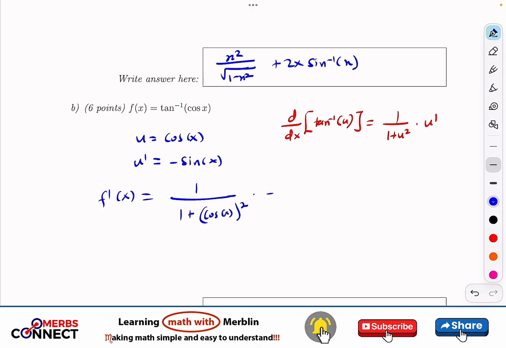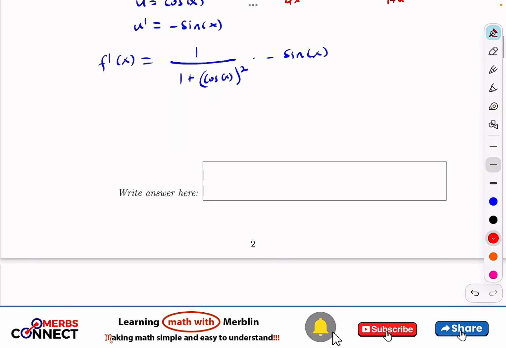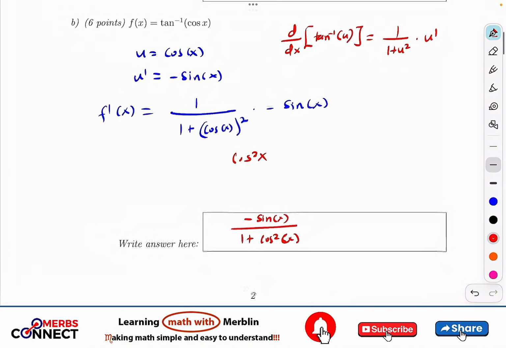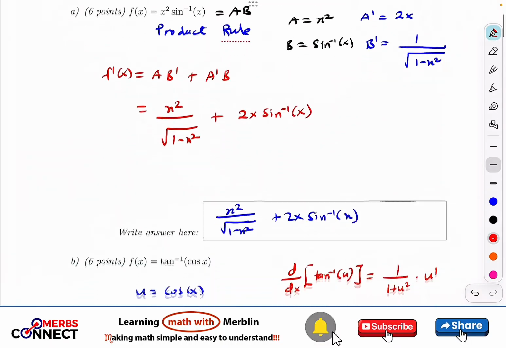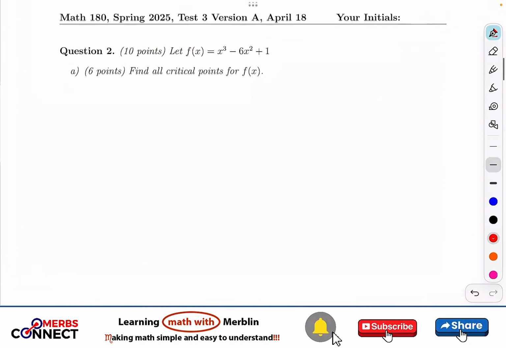U prime here is minus sine of x. So I can write it as minus sine x divided by 1 plus cos squared of x. That one too is very simple and straightforward.